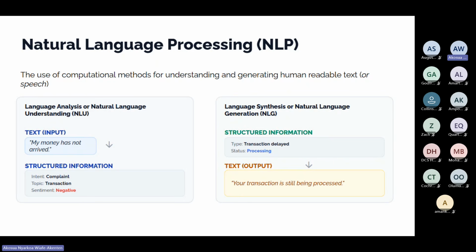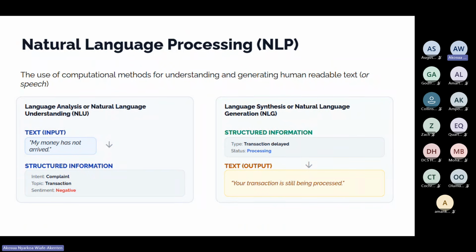So a user, for example, of your solution could say, my money has not arrived. Okay, now your solution, which becomes an NLP system, could analyze the sentence that the user has brought in, right? And then identify several pieces of structured information. For example, it could determine the intention of the user, which could be, let's say, a complaint.